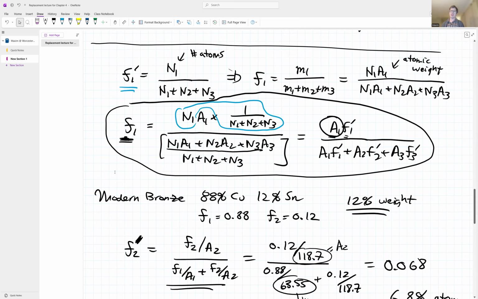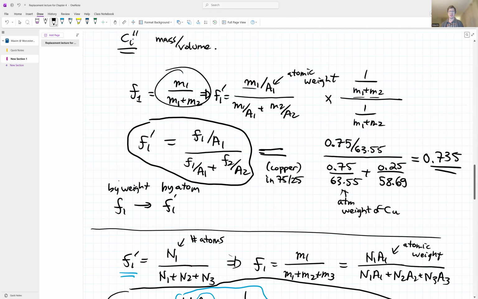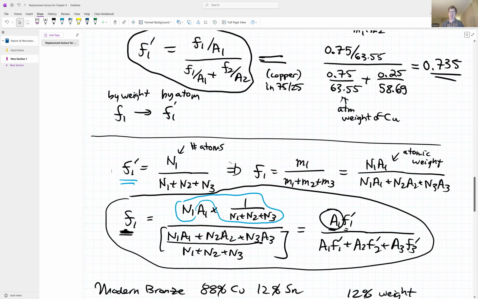And I really think you don't need a cheat sheet for this. You should just be able to reason through it step by step yourselves, just by using the logic of what it means to have something as a fraction by weight, which means you're dividing the masses, versus a fraction by atom, which means you're dividing the number of atoms.